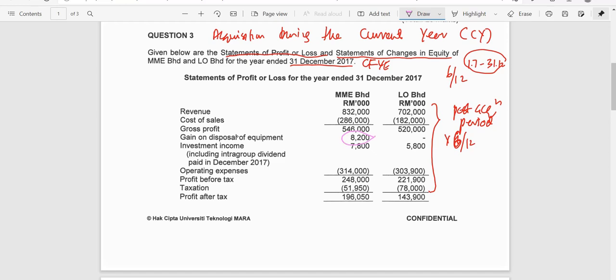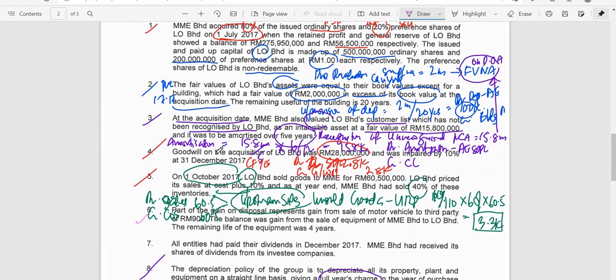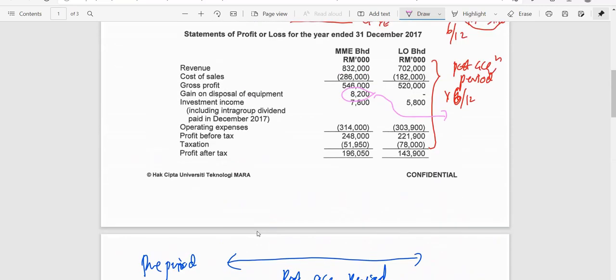You are informed that part of it represents the sale to the third party, and you are informed that 900 here is a sale to the third party. So meaning to say that 900 is to the third party, so this one would be recognized, and the remaining, which is 8.2 million minus 900, take your calculator and find how much that is. The remaining will be intercompany gain.